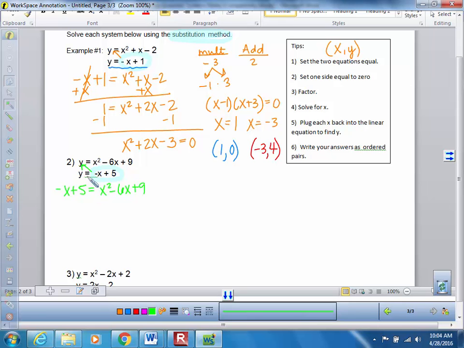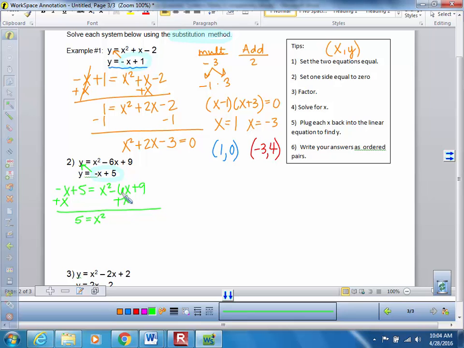Then we want to get everything on one side. So to move this negative x over here, I'm going to have to add x to both sides. I know it goes with 6x over here because they only have one x. So that's going to give me 5 equals x squared. What is technically in front of this x right here? A 1.